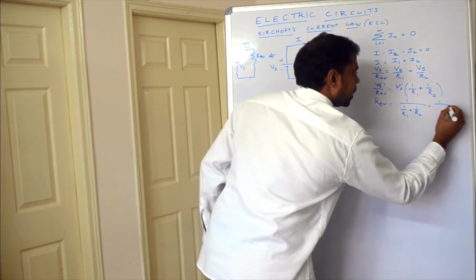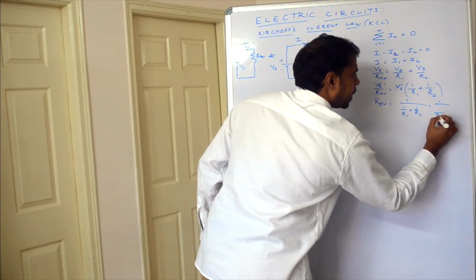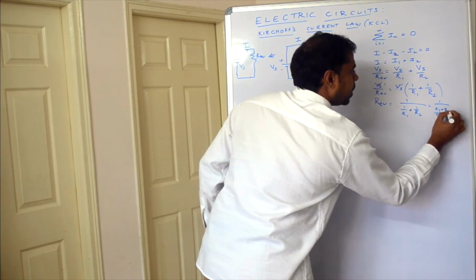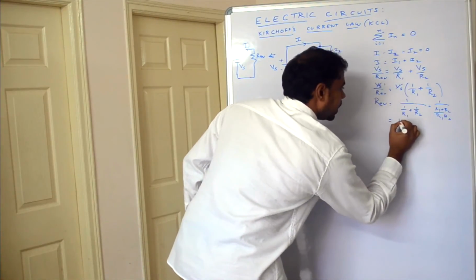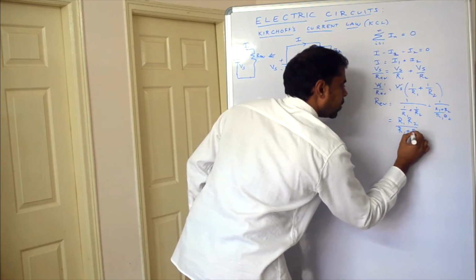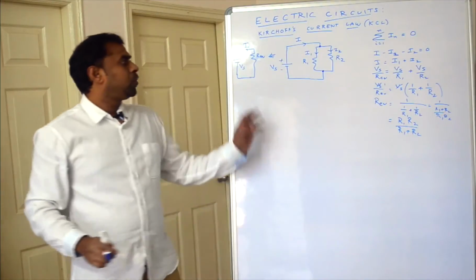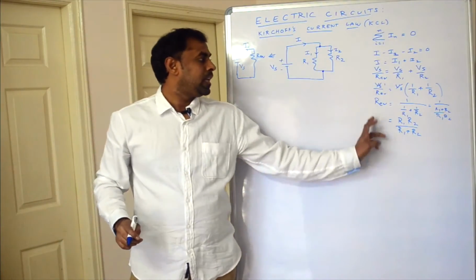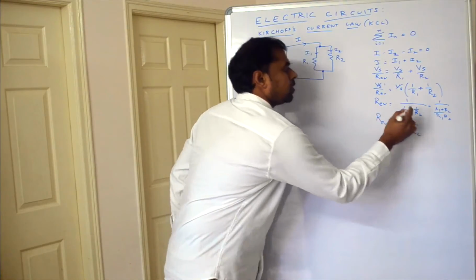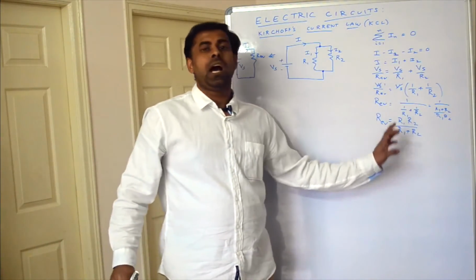If I take R1, R2 as common, this is nothing but R1 plus R2 by R1 R2, so R equivalent is R1 R2 by R1 plus R2. That means if two resistances are connected in parallel, the equivalent resistance is given by this equation, R1 R2 by R1 plus R2.